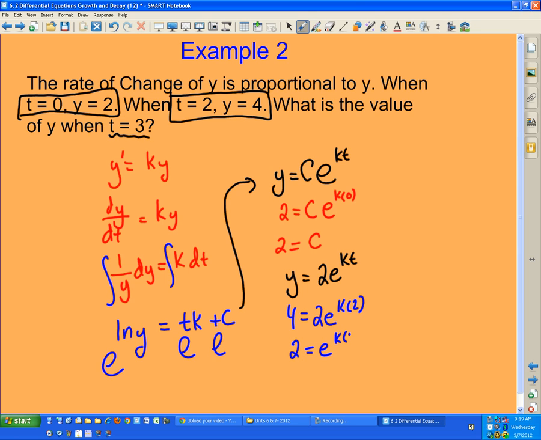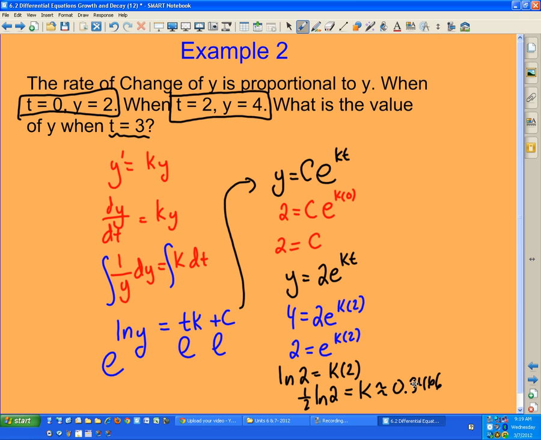Then I can natural log both sides to get rid of the base e. So ln of 2 equals k times 2. Then I divide by 2, so one half ln of 2 equals k. That's my exact k value, which is approximately 0.3466 when I calculate it out.